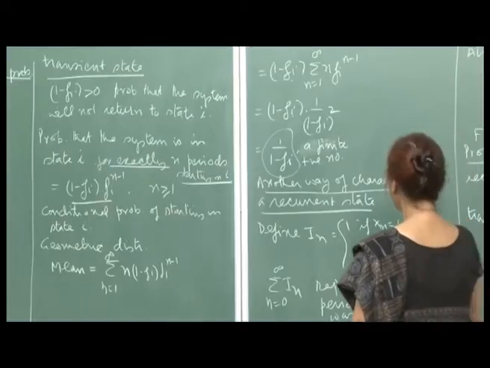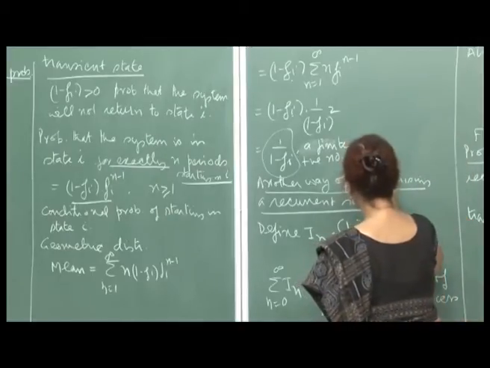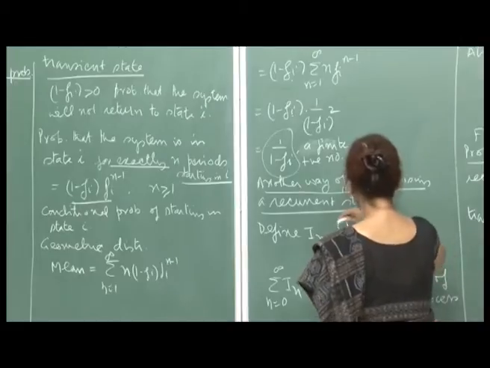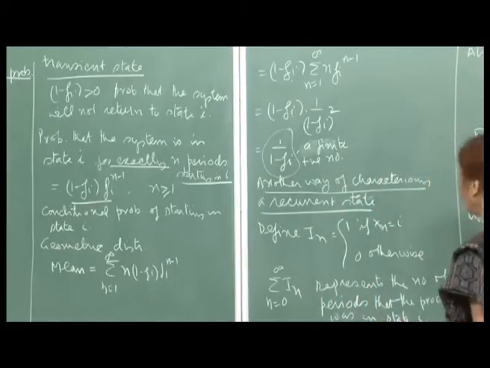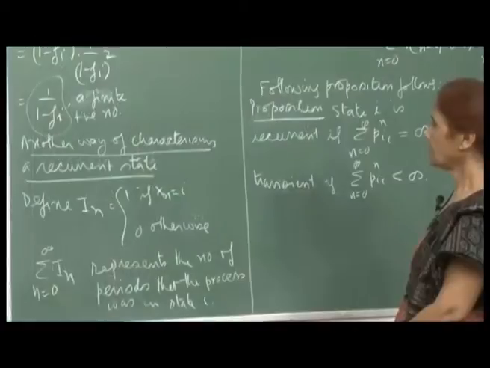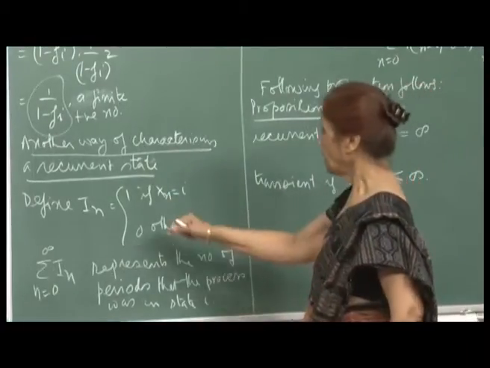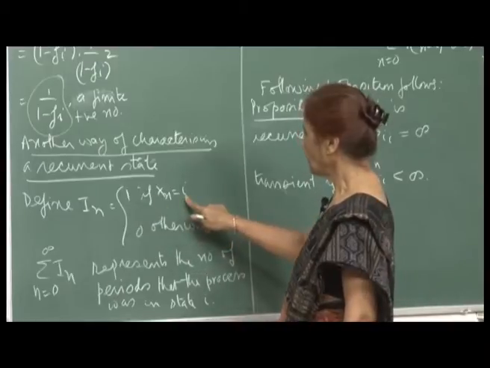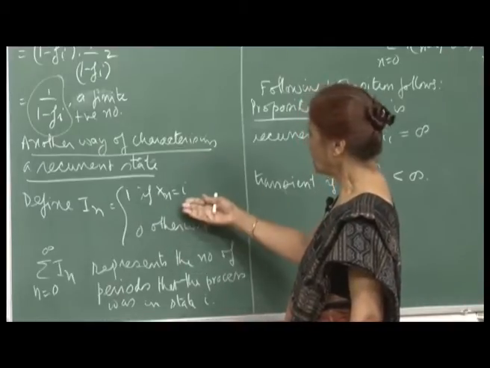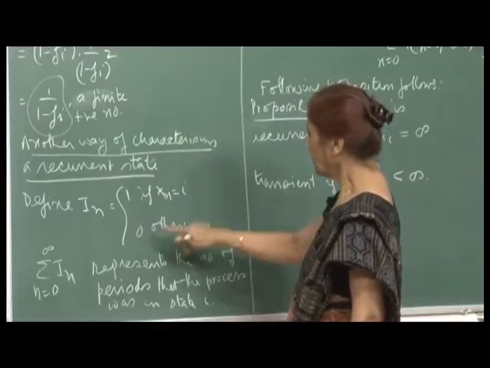Okay. Now, another way of characterizing a recurrent state. You see that we have been trying to talk about the same thing in different ways, and that certainly helps you to understand things better. So, now let us define I_n as 1 if X_n is i, that means if at the nth time the system is in state i, and 0 otherwise.